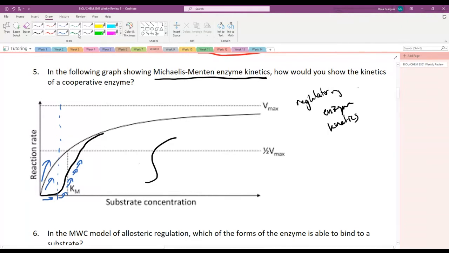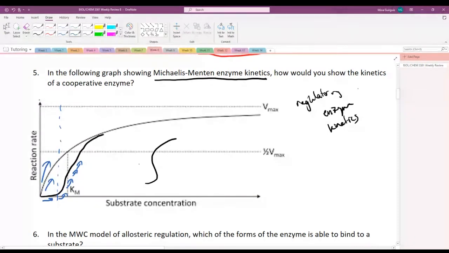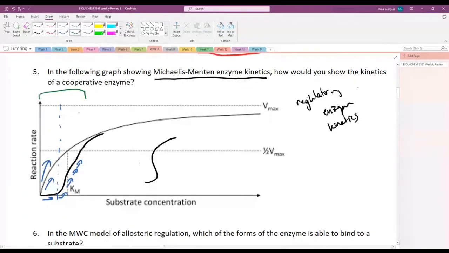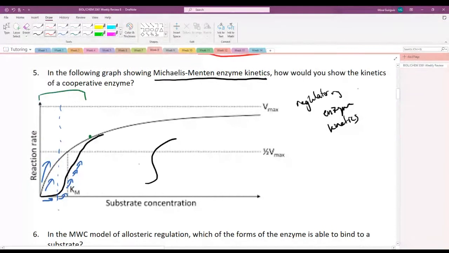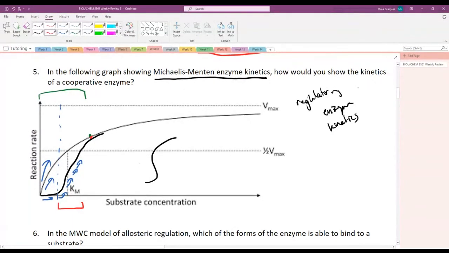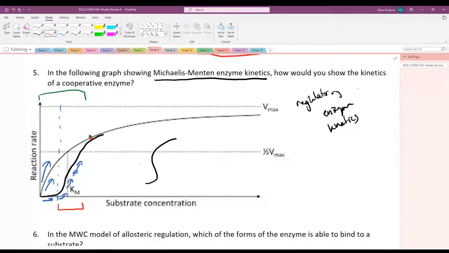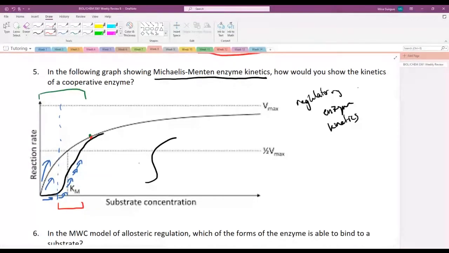So it took, if we think of it, from here all the way to here to get to this height. It took the cooperative enzyme from here to get to that height. And so the change in rate is a lot faster as soon as the first one binds, okay? And that's what cooperativity means, okay?